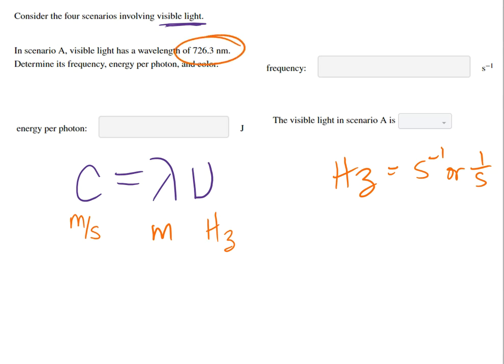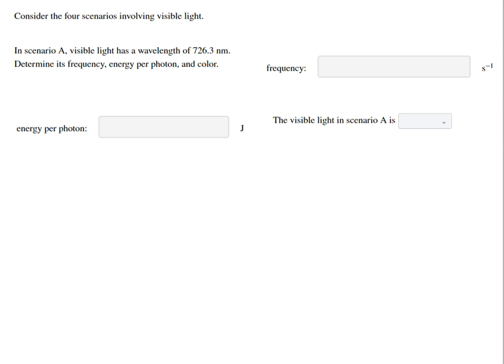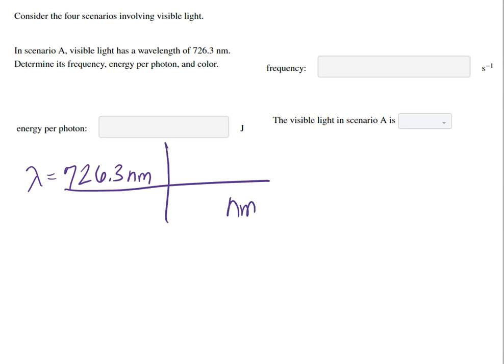But if we notice, our wavelength is not in meters, it's in nanometers. So that means that before we can use this equation, we have to do a conversion. So that's where we're needing to start. If our wavelength is shown as 726.3 nanometers, we have to convert it to meters first. So ask yourself, is there a direct relationship between the meter and the nanometer? And there is. For every 10 to the minus 9 meters, that's the same as 1 nanometer.